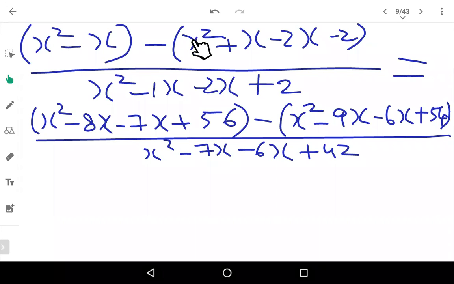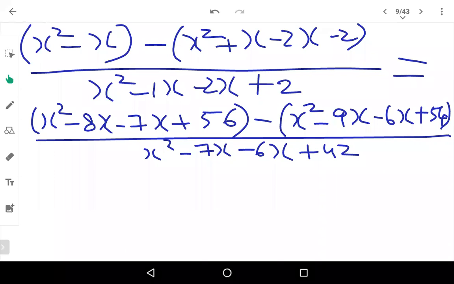This is your left hand side. Onto your right hand side, x square minus 8x minus 7x plus 56 minus x square minus 9x minus 6x plus 54, whole divided by x square minus 7x minus 6x plus 42. So we have got these numbers totally.